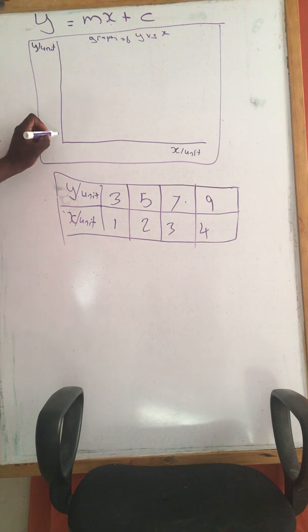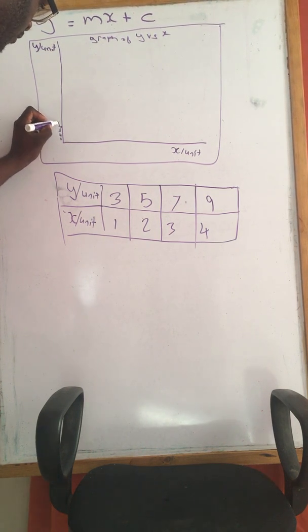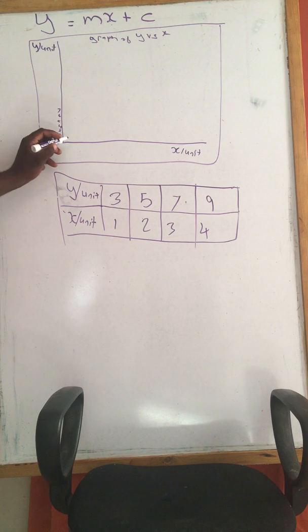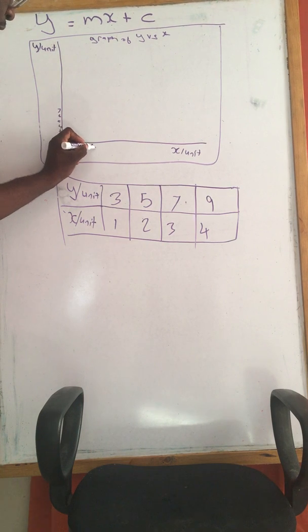It wouldn't be wise to say, okay, this is 1 right here, this is 2, that is 3, that is 4, that is 5, that is 6, and that is 7. No, that would be a poor scaling system. And then we say this is 1, 2, 3, 4.